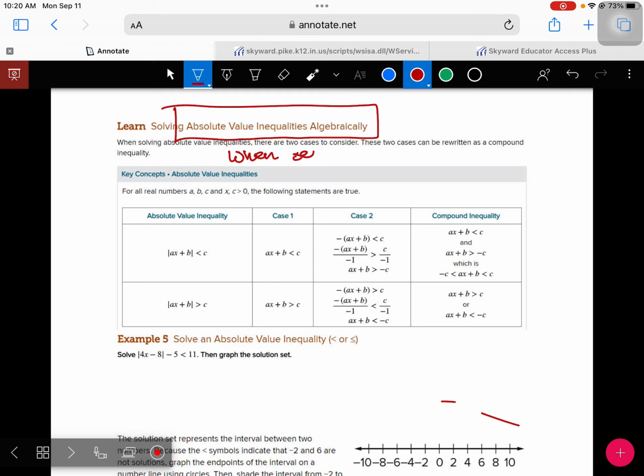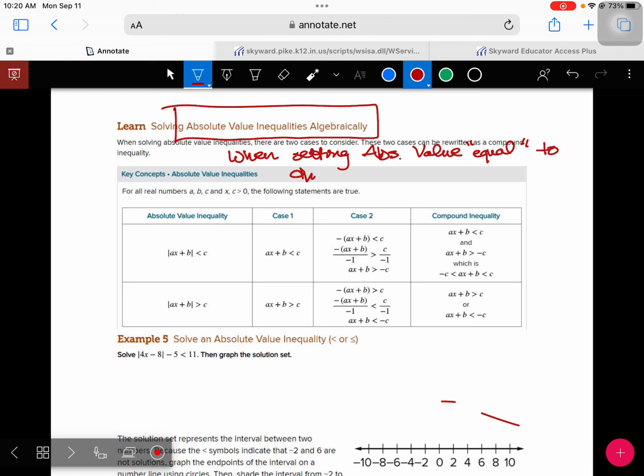Because we are putting it equal to a negative value. So if you remember, when we multiplied or divided by that negative value, that's when we flip the sign. We are also flipping the sign here.